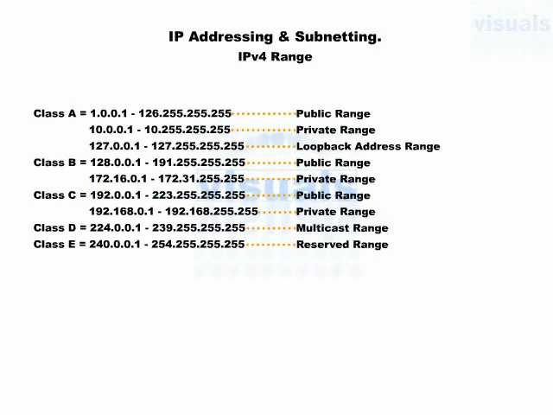After that, we will discuss the private range. As you can see, there are reserved IP addresses for class A, class B, and class C. This IP address range is considered the private address range.